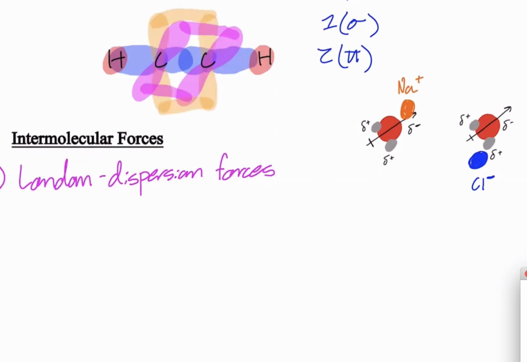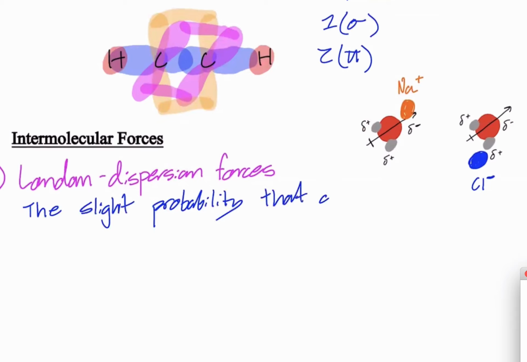So basically, the slight probability that a nonpolar molecule exhibits some form of polarity, temporary polarity.